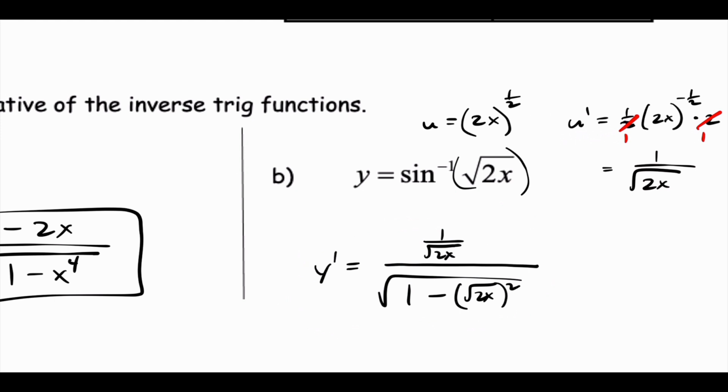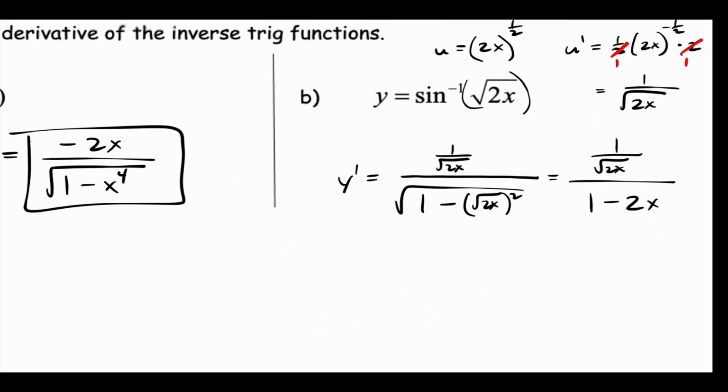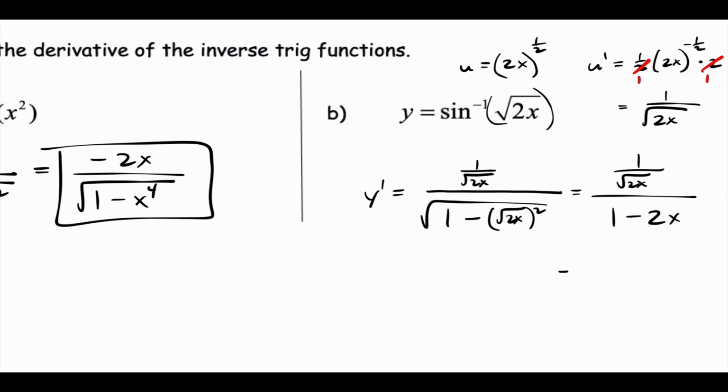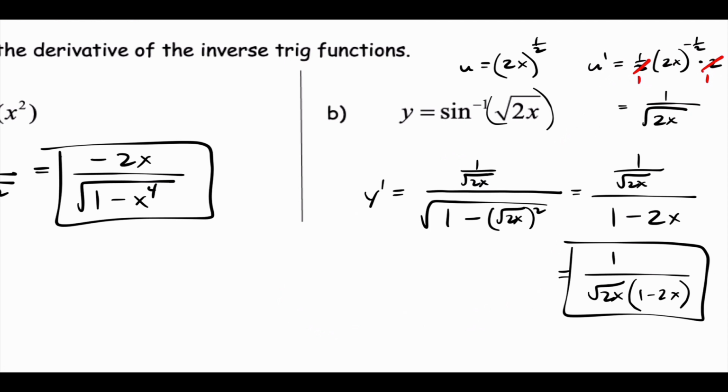Now we just have to clean it up. I have a fraction on top. If I square a square root, that just takes away the root. Last thing is I don't want a fraction on top, so I'm going to move the top part down. So it's the square root of 2x times the square root of 1 minus 2x. Done.